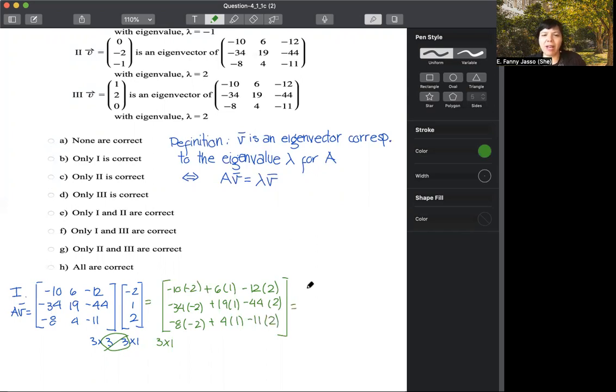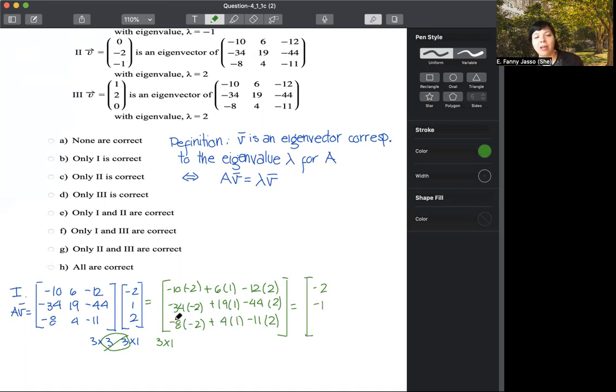So when I simplify it, the first entry is going to be 20 plus 6, that's 26, minus 24, so that's 2. This is positive 68 plus 19 minus 88. That gives me -1.